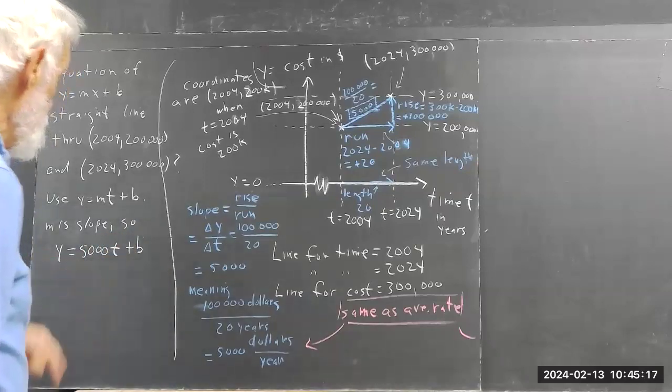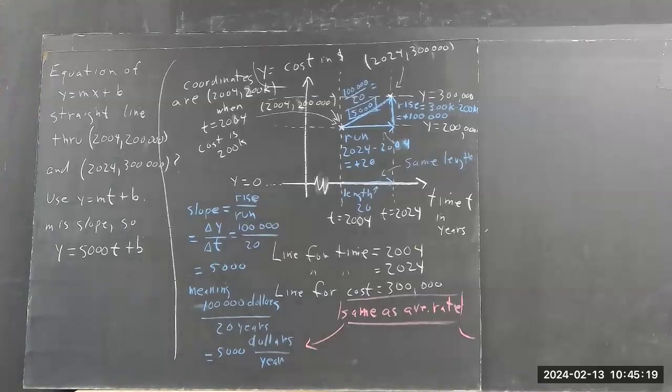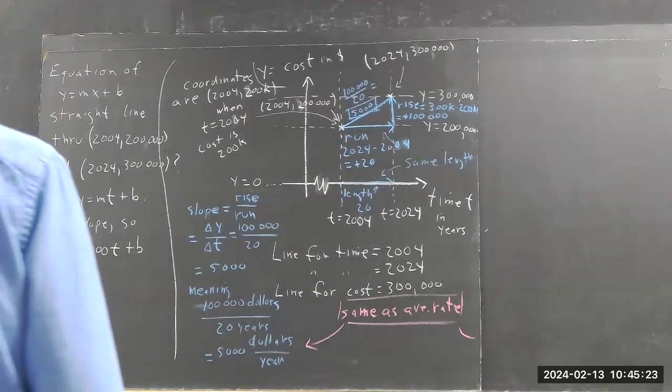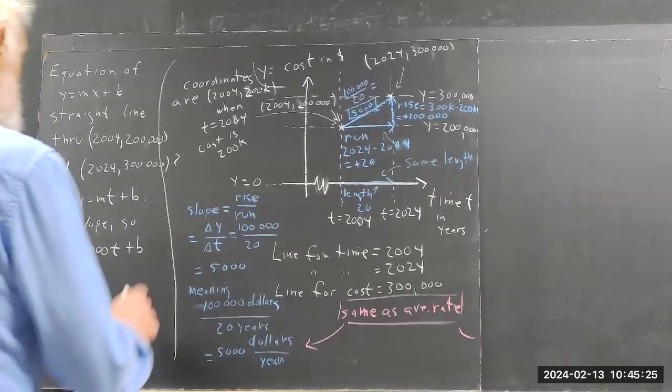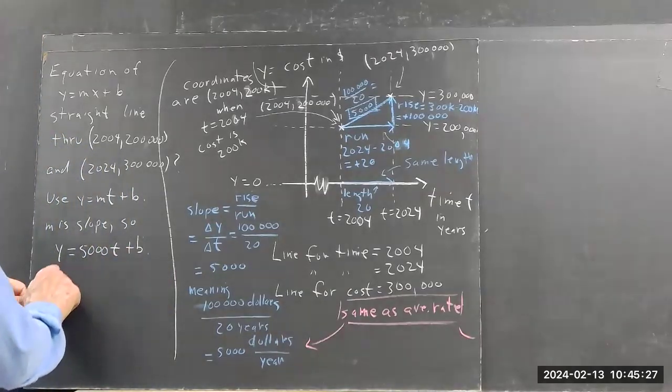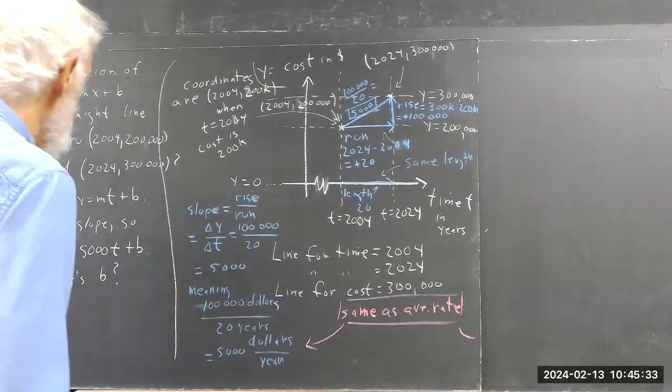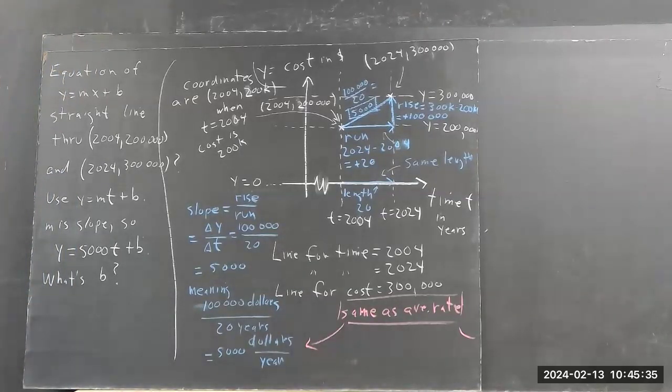So y is 5,000 t plus b. We just don't know what b is. So the question is, what's the value of b?